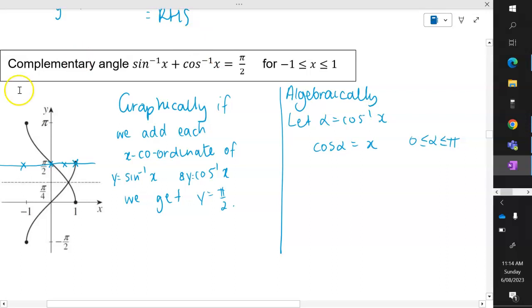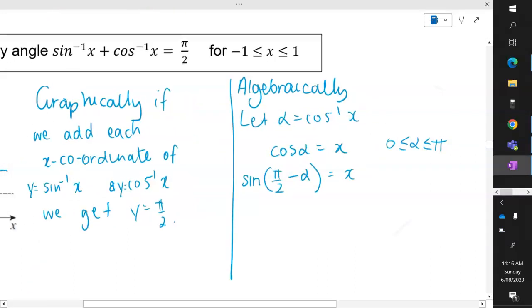And we need to think about what happens when we're working in an old-fashioned right-angle triangle. The angles for sine of alpha and cos of alpha are going to be complementary, or adding to 90 degrees. So what we can say then is that sine of pi on 2 minus alpha is also equal to x, because cos of alpha is equal to sine of pi on 2 minus alpha. And if you want to look back at a very simple basic right-angle triangle, you can see how that would work, and I might show you that in class.